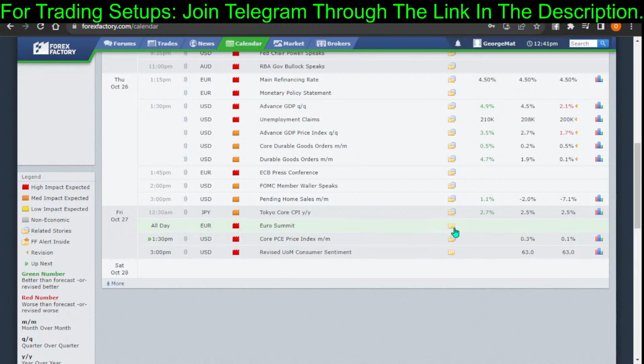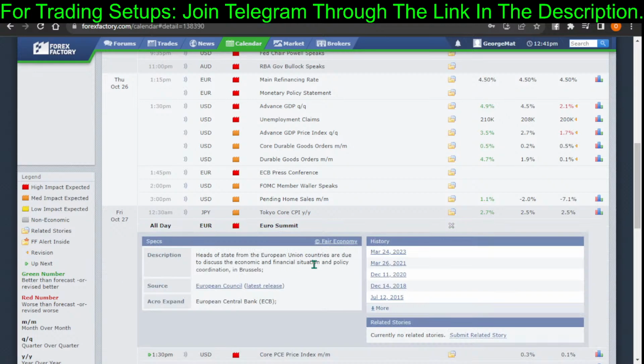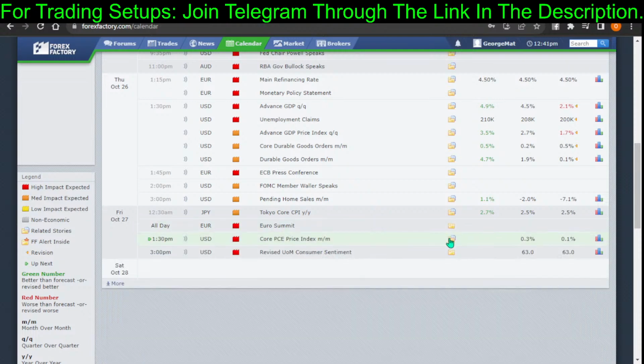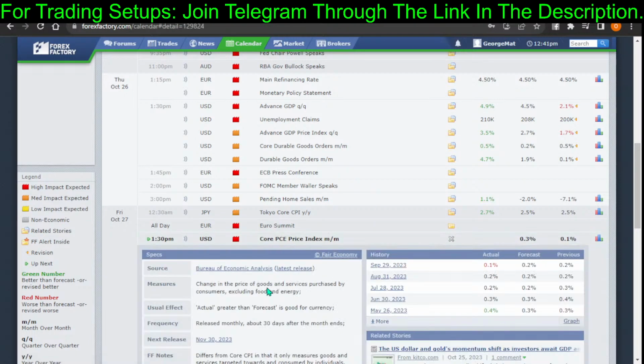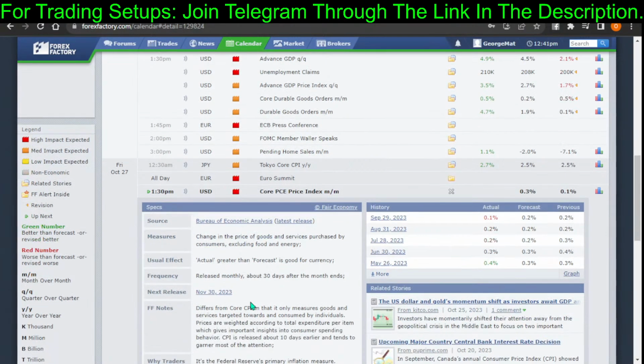So let's check the reactions of this news. The Euro Summit is gone, so let's check the core PCE. Based on the Bureau of Economic Analysis, this measures change in the price of goods and services purchased by a consumer, excluding food and energy.